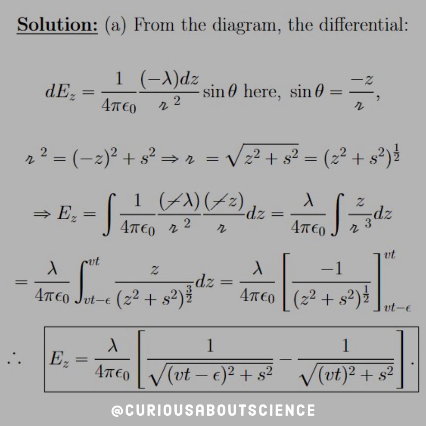Let that calculus work through. You get negative 1 over (z squared plus s squared) to the 1/2 power, and then evaluate it all. So Ez here is equal to lambda over 4 pi epsilon naught times, in the brackets, 1 over the square root of (vt minus epsilon) squared plus s squared, and then the same thing, but with vt.